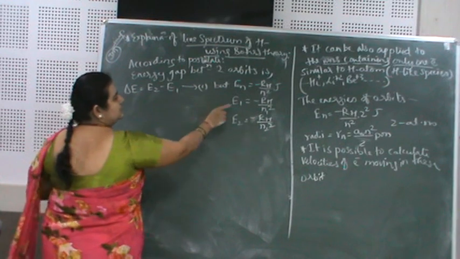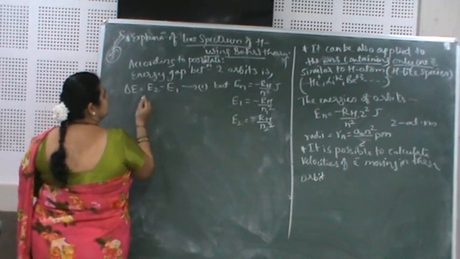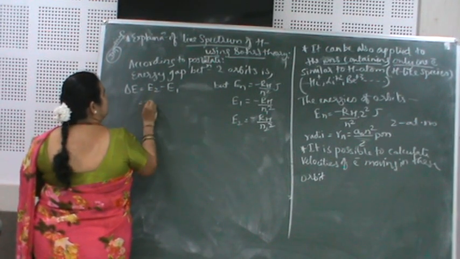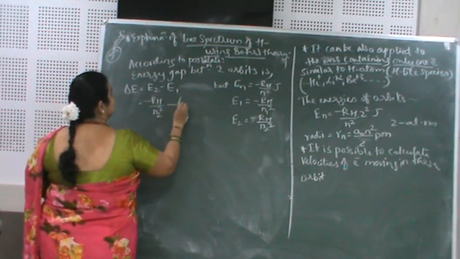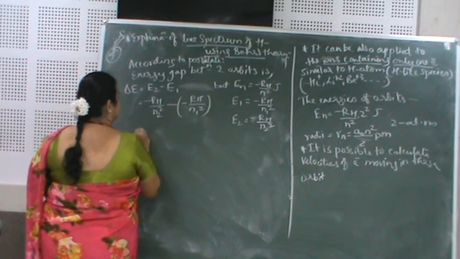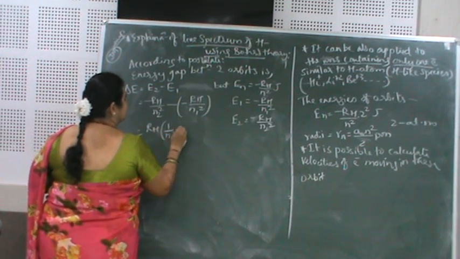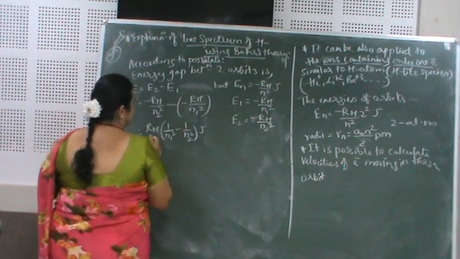Okay. So now substitute the values of E1 and E2 in this equation, so this becomes minus RH divided by n2 square minus RH divided by n1 square, that is equal to RH into bracket 1 by n1 square minus 1 by n2 square. So it is in joules. Okay.